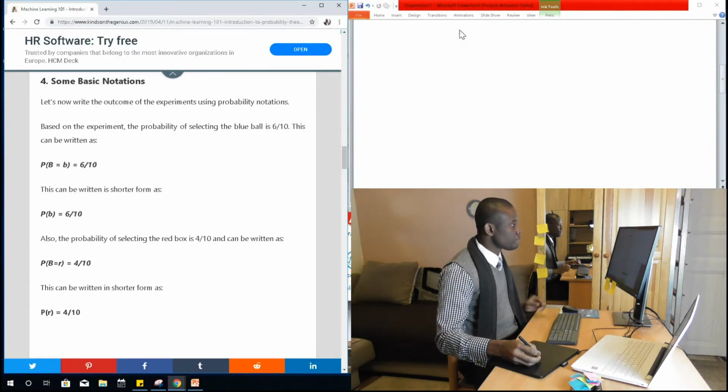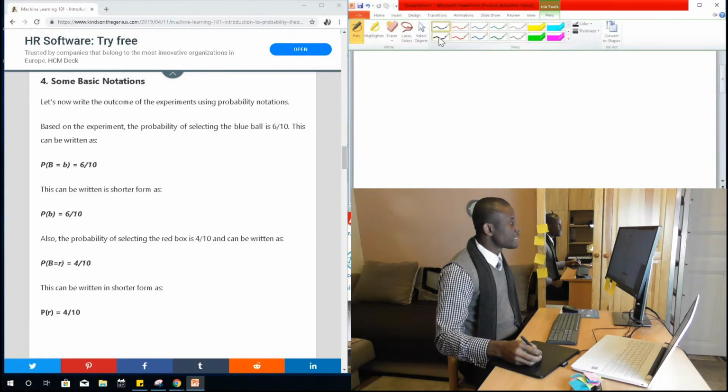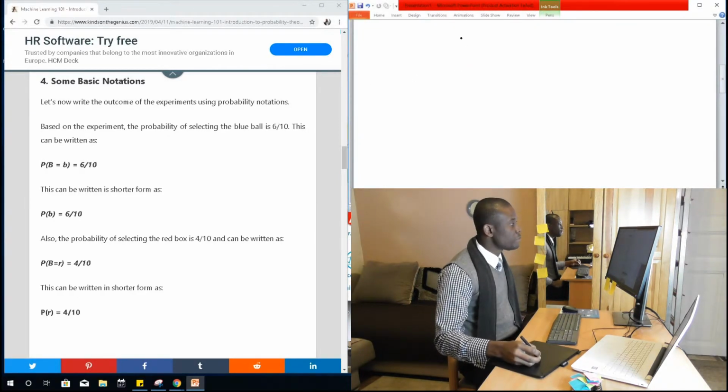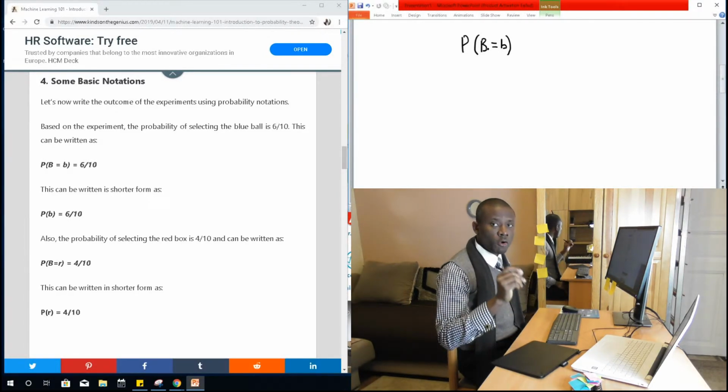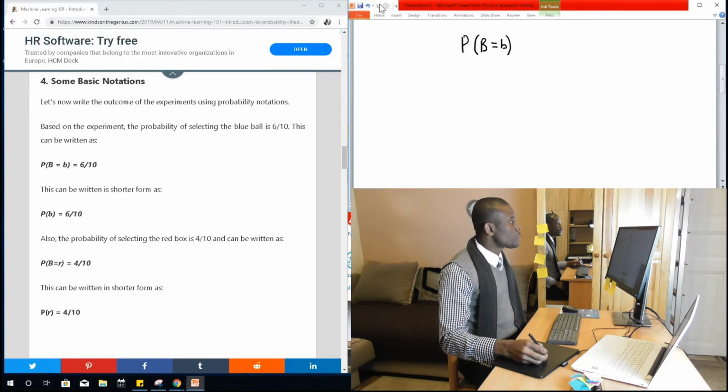So we are saying that B is a random variable that represents the box, and now it can take on the value of B, which is blue. Let me just write it out in full so that it will not be confusing.